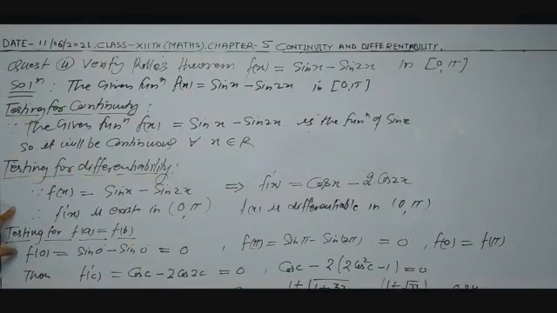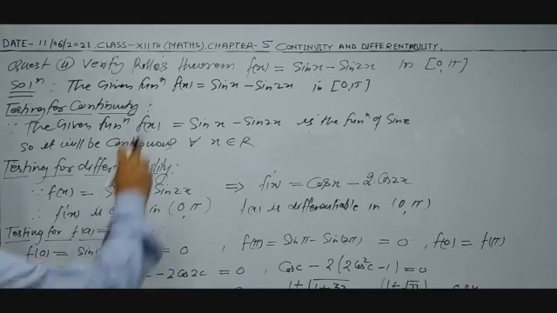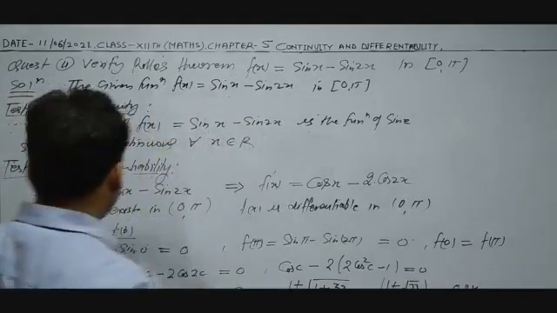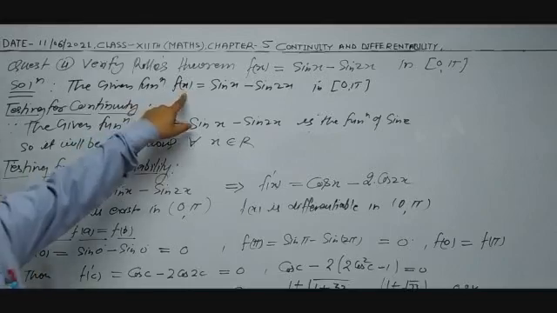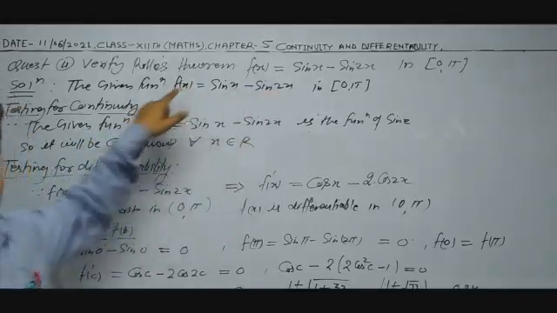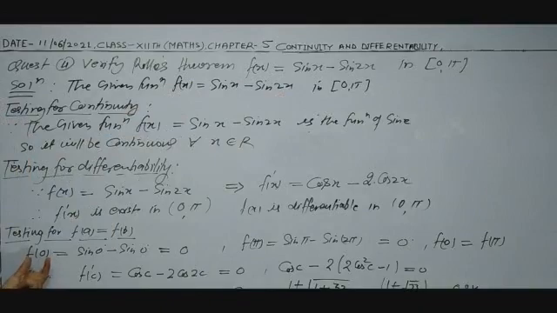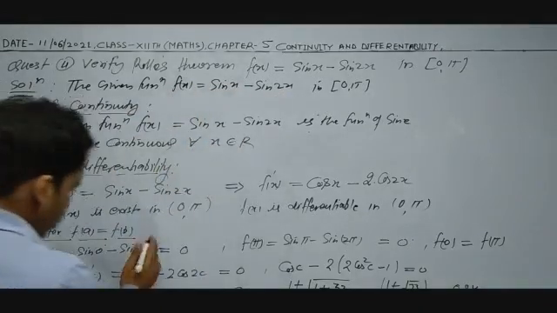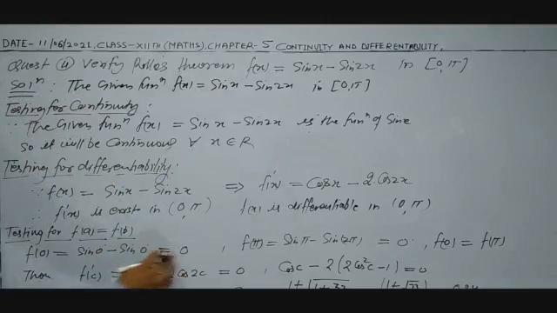Now testing for f(a) equal to f(b), that is the third condition. The function is f(x) is equal to sin x minus sin 2x. When you put x is equal to 0, f(0) is sin 0 minus sin 2 times 0, which is 0 minus 0, result 0.